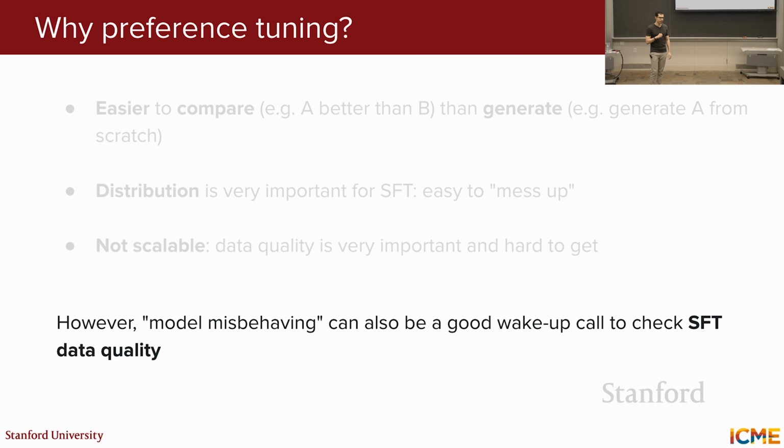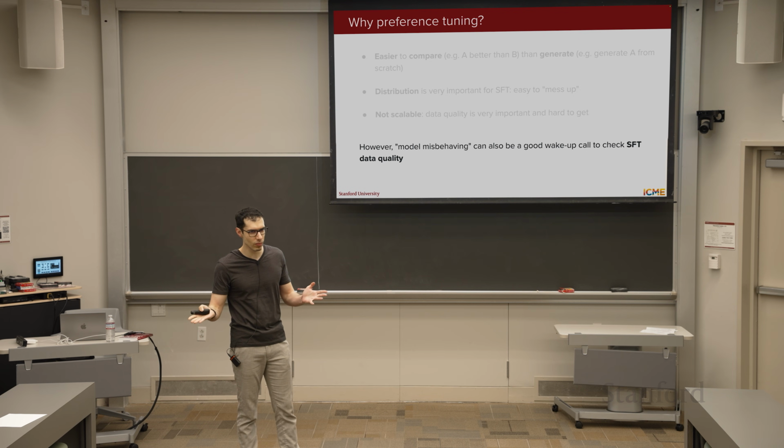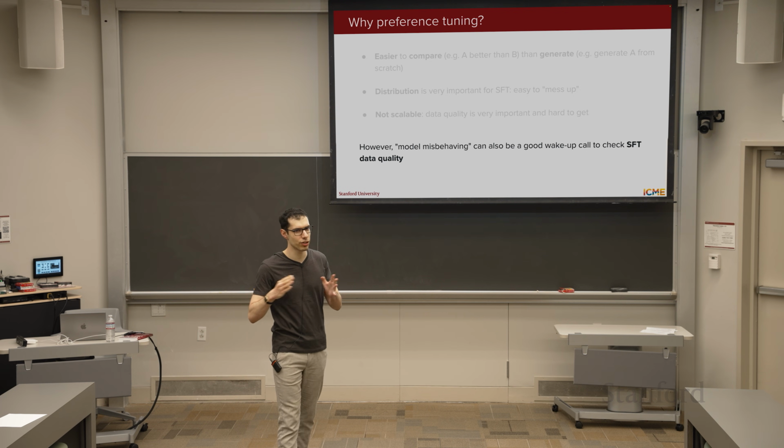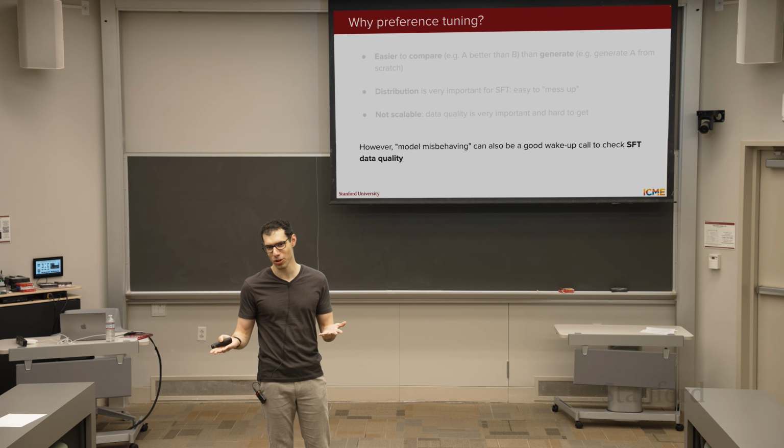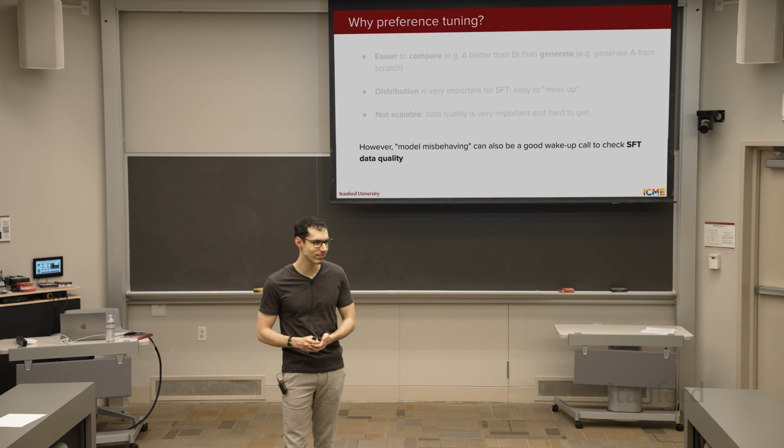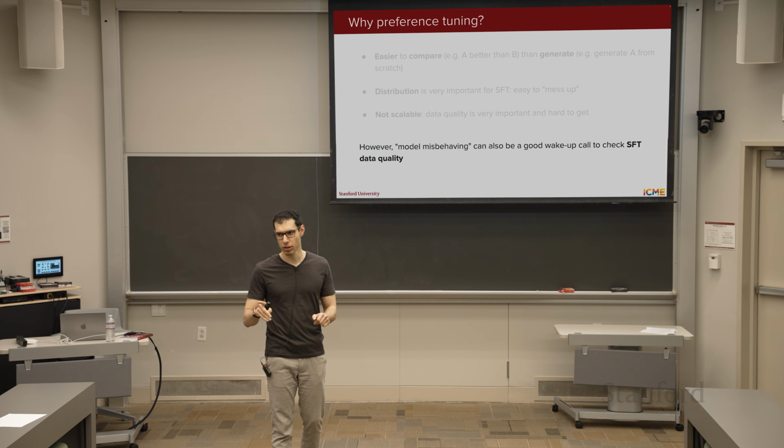But one note here is if your model is misbehaving a lot, it may also be due to the fact that your SFT dataset has some problem. So preference tuning is not the answer to everything. Maybe it's better sometimes to just check your SFT dataset for some issues. Does that sound good? Yep.